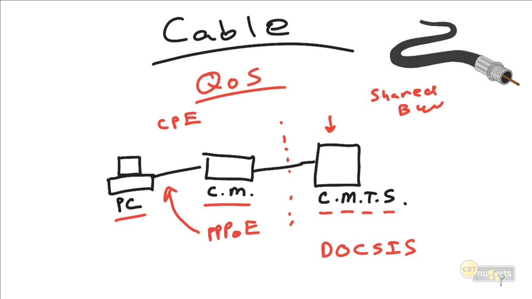So, when the service provider is shopping for their CMTS, when they are picking out your cable modem, when we are talking about the signaling between these devices, it is all specified in the DOCSIS standards.